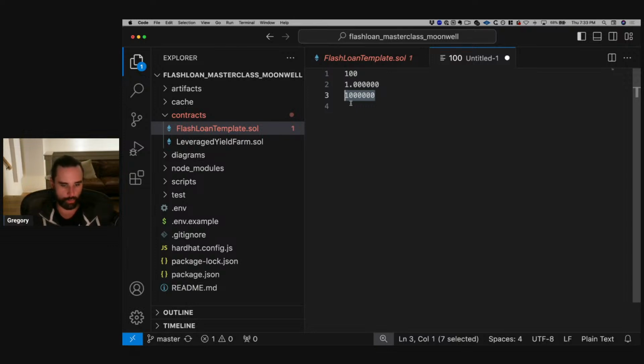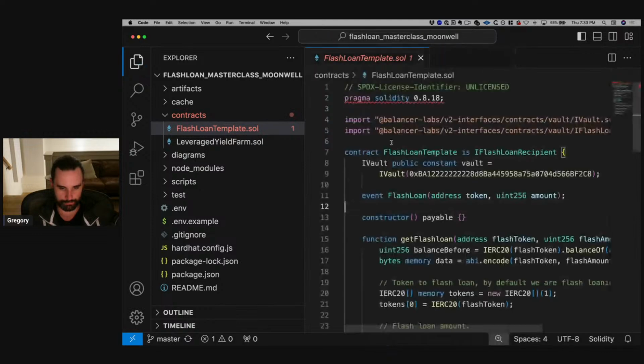In this case, 1 USDC looks like this: 1 followed by 6 zeros. Similarly, if we're going to borrow 100,000, we need to add 6 zeros after it. 1, 2, 3, 4, 5, 6. That's why, because it has 6 decimal places.